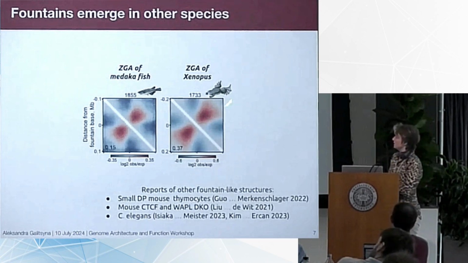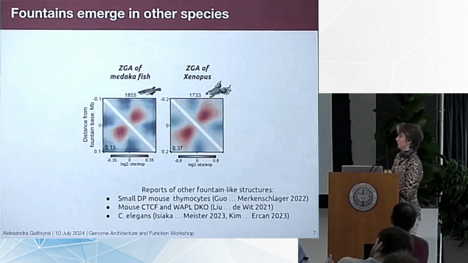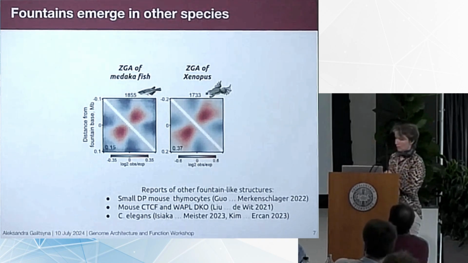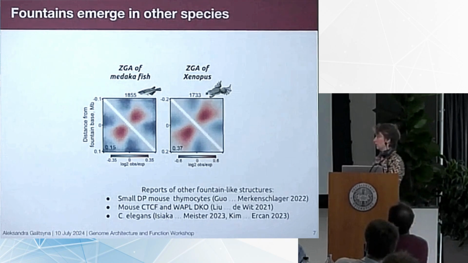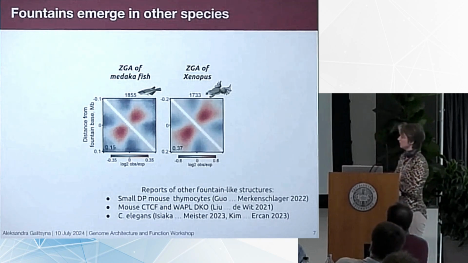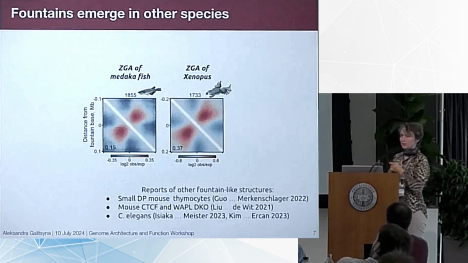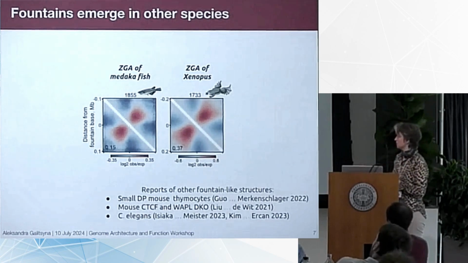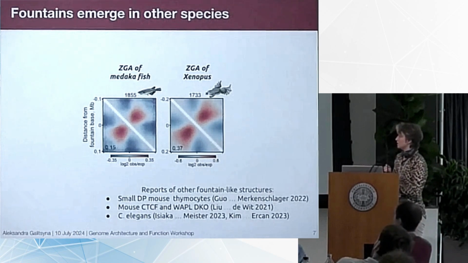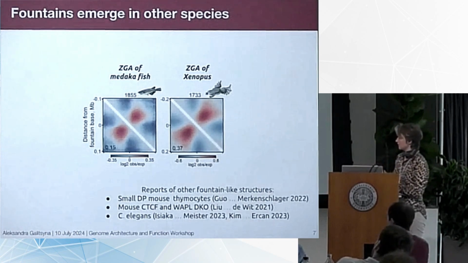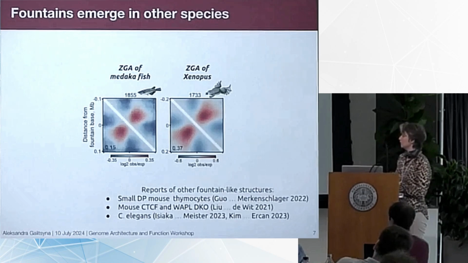You can also find the structures in embryogenesis, at the onset of zygotic genome activation. And in fact, people from other research groups keep reporting similar architectural features in completely different experimental systems, including small DP thymocytes from the Matthias Merkenschlager group.